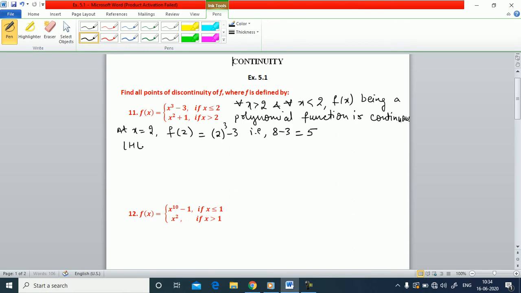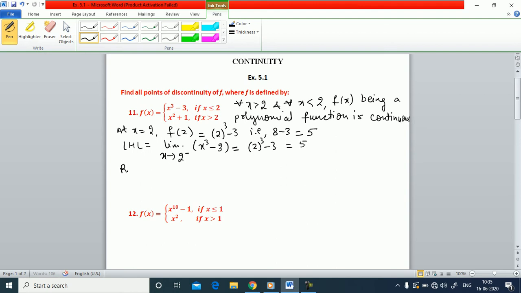And the left hand limit, as x approaches 2 from the left, the function is again defined as x cube minus 3. Because it is a polynomial function, we can replace x by 2, as it is not taking an indeterminate form. So it is cube of 2 minus 3, that is again 5.